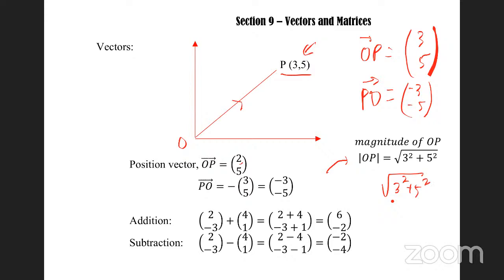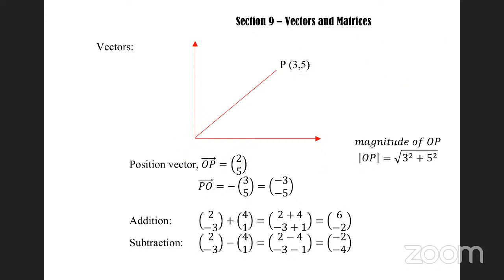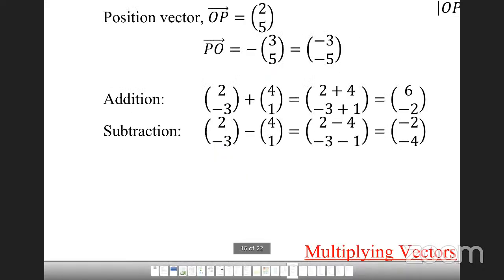How do we add and subtract vectors? Real easy. If I ask you to add two vectors, all you're doing is adding the x values and adding the y values. If you're subtracting, subtract the x values, subtract the y values, and you get your answer.